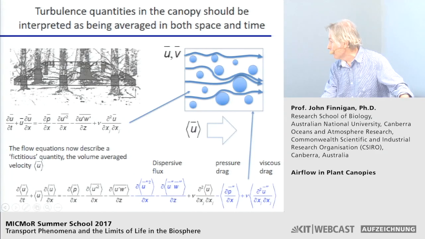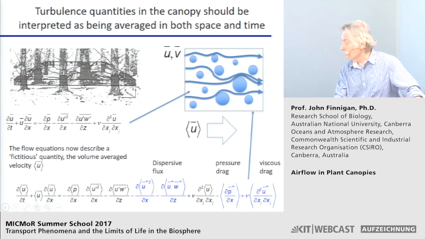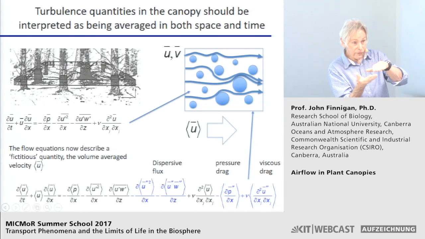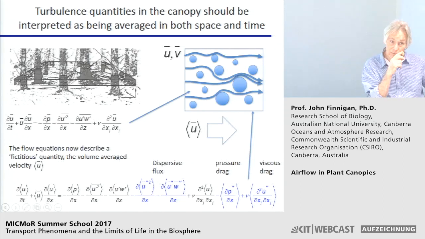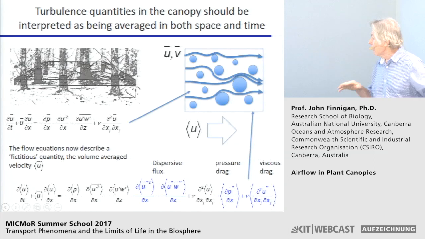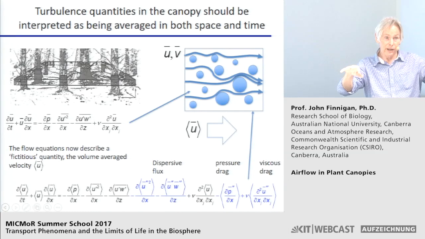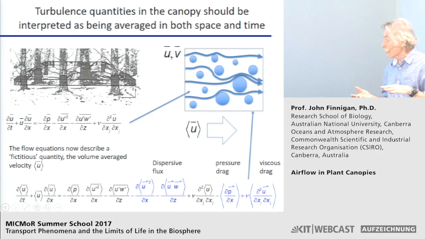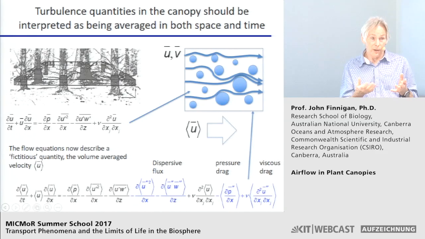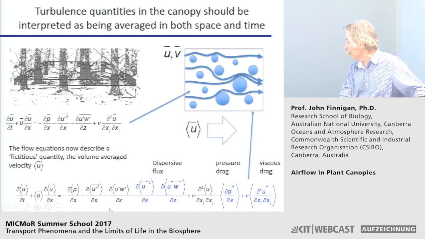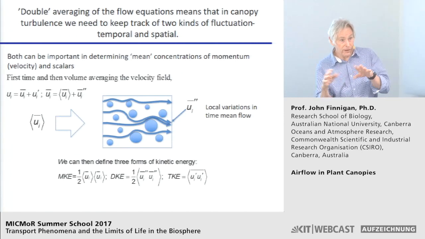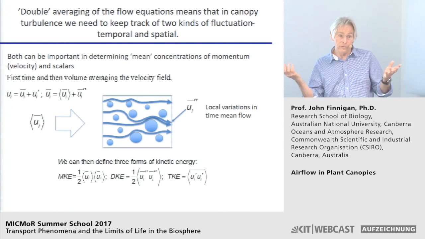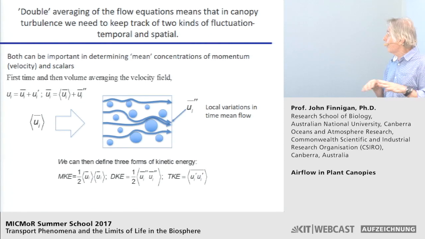And some other terms appear, because just as in temporal turbulence, average fluctuations can combine because of nonlinearities in the flow equations to give you stresses. Now we can have spatial variations in the steady flow, and they also can combine under this operation of spatial averaging. And we call these dispersive fluxes. And it's sometimes called double averaging. You're averaging now in time, as Reynolds did and we've done ever since, but now we're averaging in space as well.